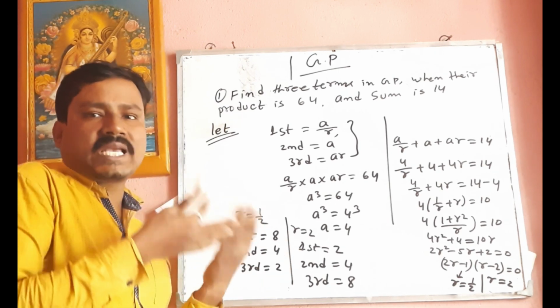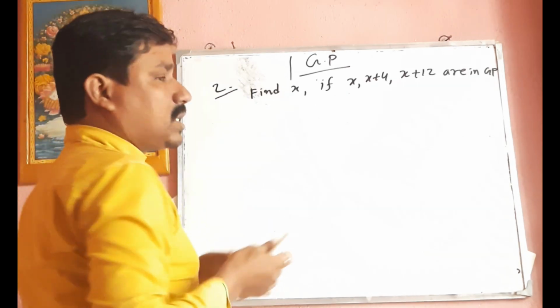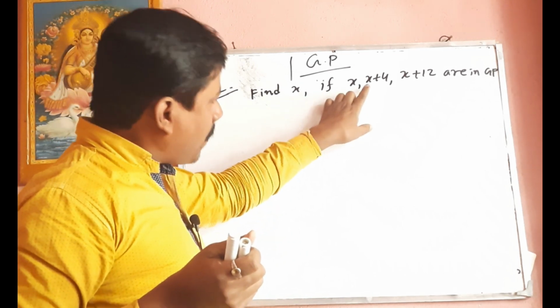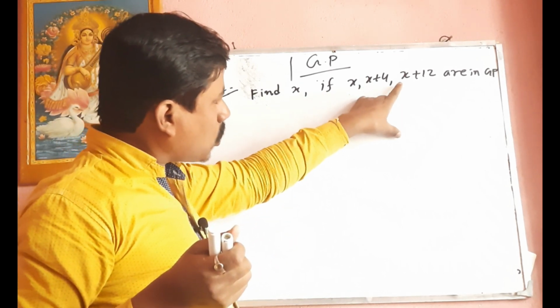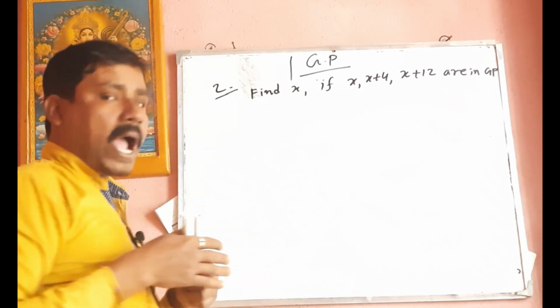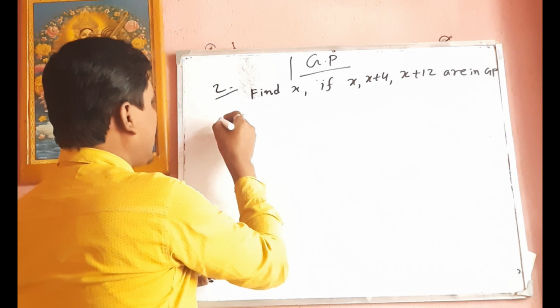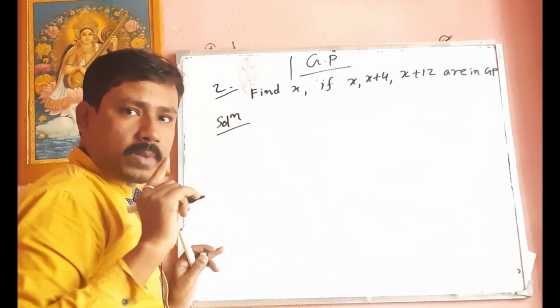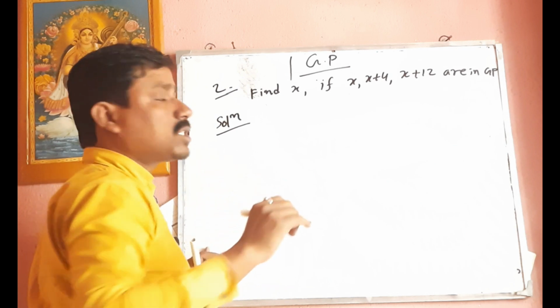So we move to the second example of the day. Now the second example we are discussing: find x if x, x plus 4, x plus 12 are in GP. Now according to the formula, we know that the common ratio of any GP will be the same.